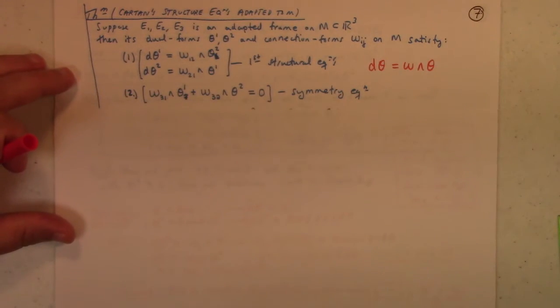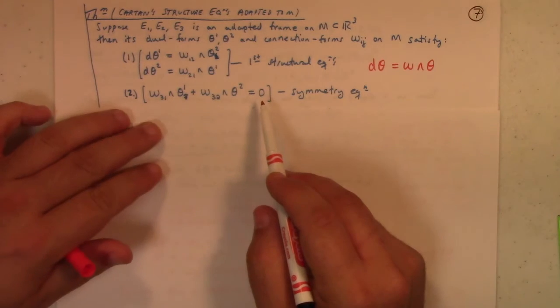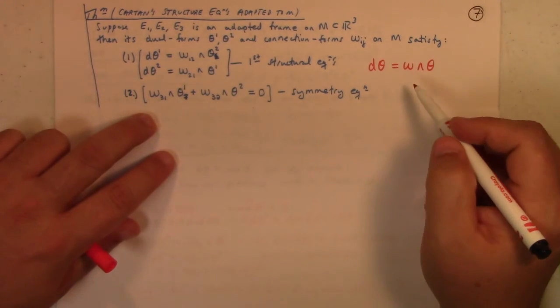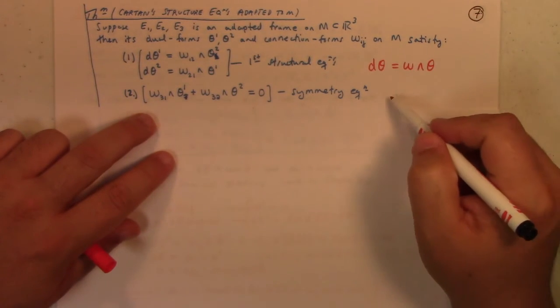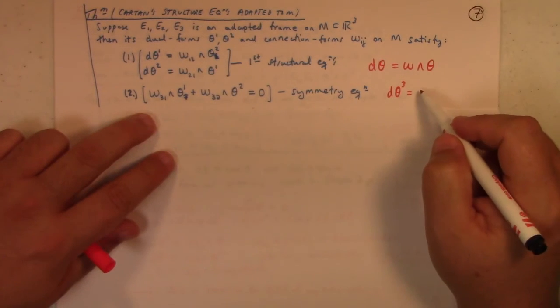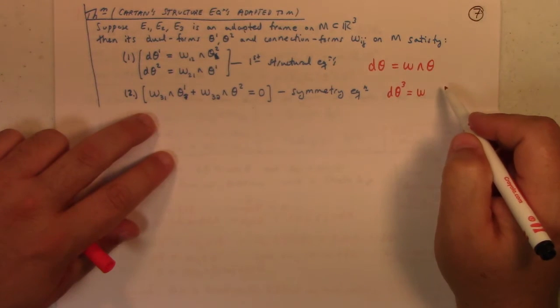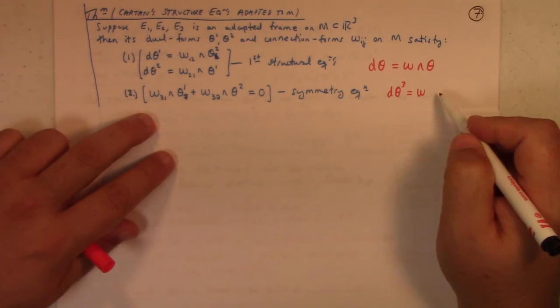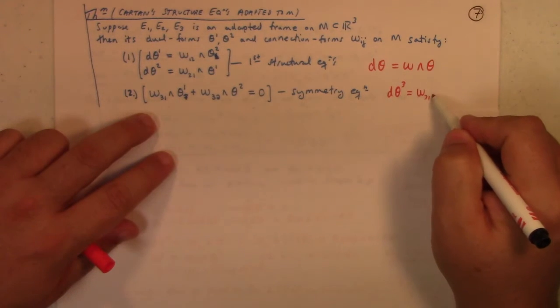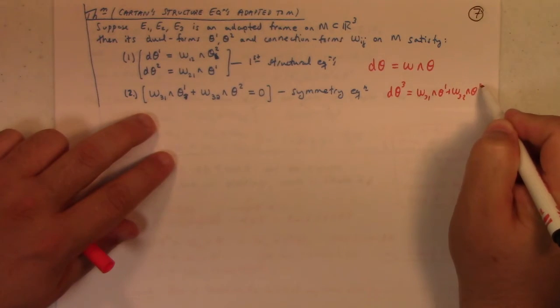And we've got this one here, which is actually d theta 3, is equal to omega 3,1 wedge theta 1 plus omega 3,2 wedge theta 2.